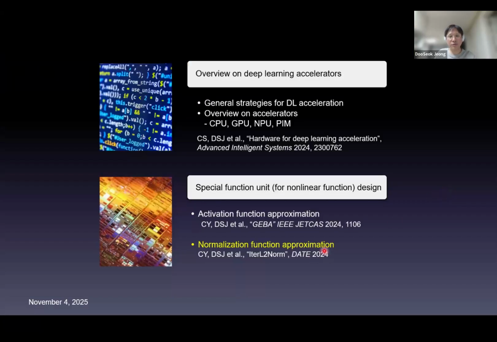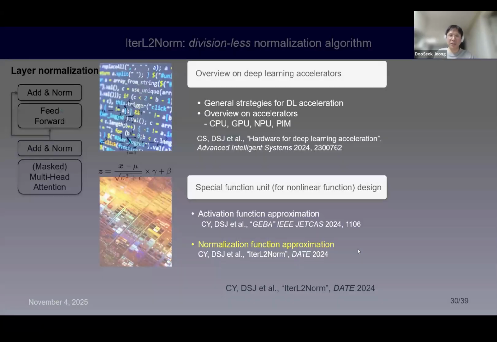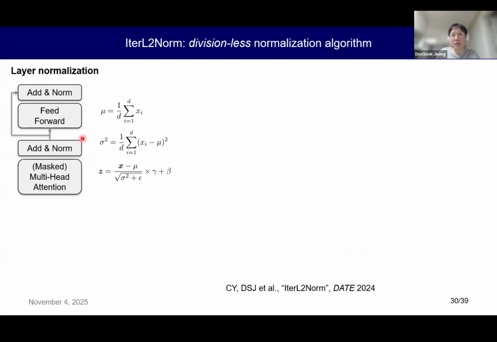So yeah, let me move on to the last part, which is normalization function approximation. Layer normalization or RMS normalization are very often used in LLMs, all right? When it comes to layer normalization, you have a certain embedding, which is a vector.